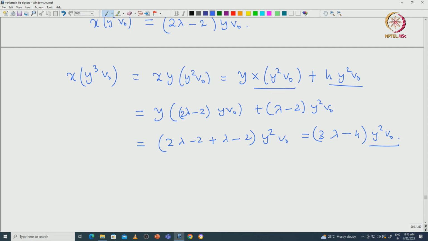So, maybe I will leave it to you to check x y power k V naught. So, using induction, you can prove this is in the span of V naught, y V naught, etc., y power k minus 1 V naught.